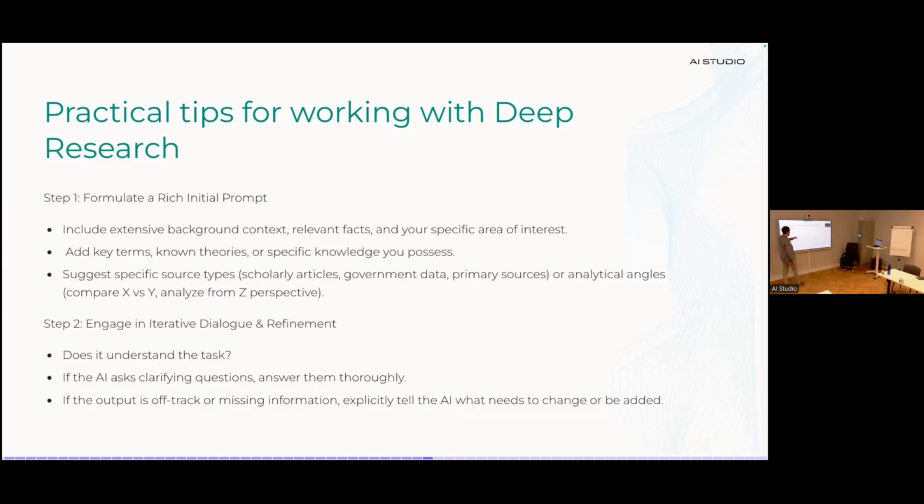Add key terms, known theories, specific knowledge you possess, and the main thing is to suggest specific source types, scholarly articles, government data, from which it has to pull out the information. And then iterate: does it understand the task, ask clarifying questions, and if the output is missing something, say explicitly what you want.